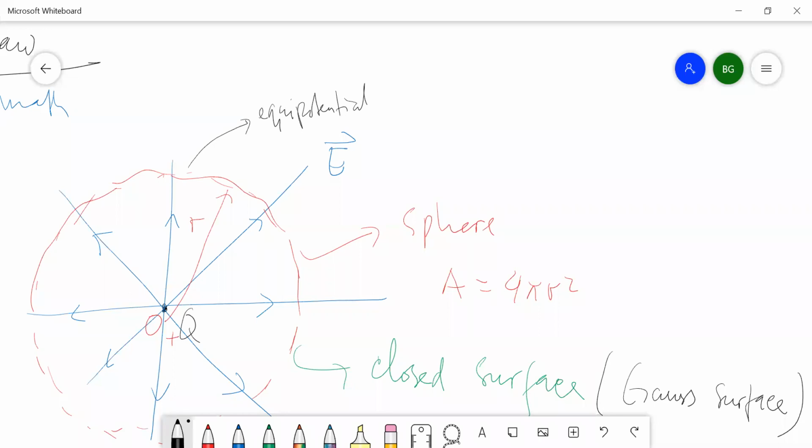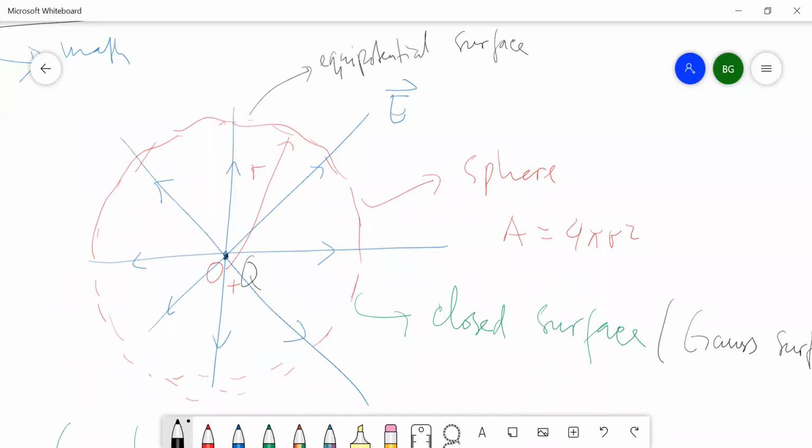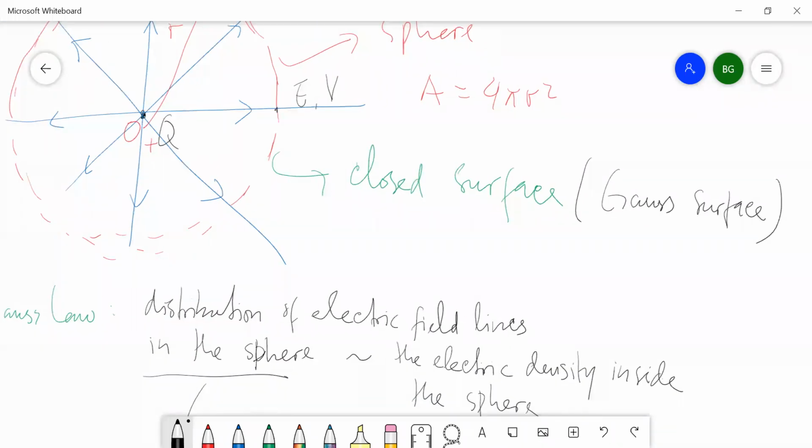It means that the potential on this spherical surface is equal. It depends only on the radial coordinate. So if you take the electric field or potential, for example, here and here, they have the same magnitude.